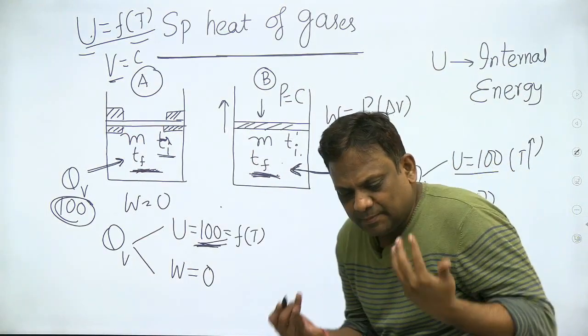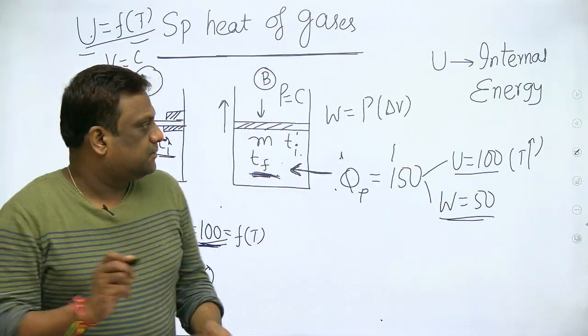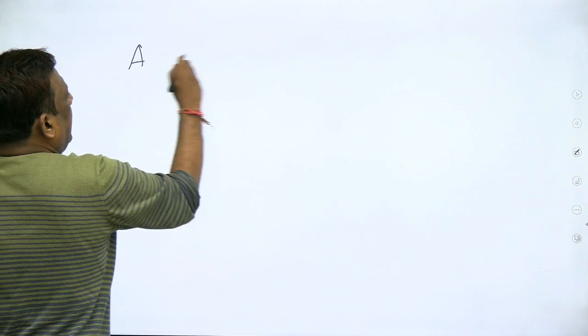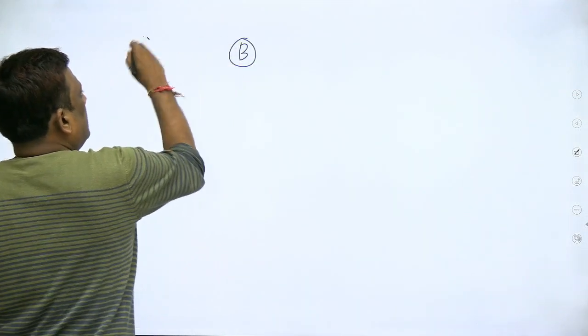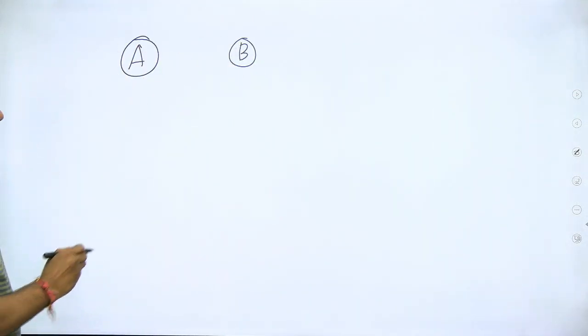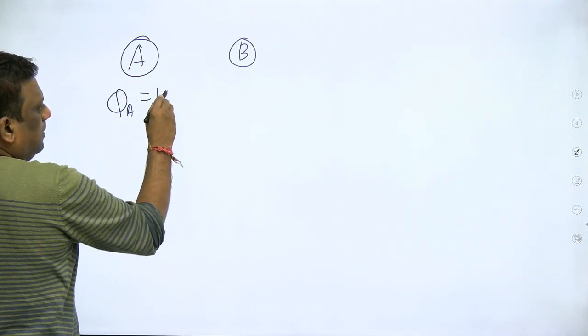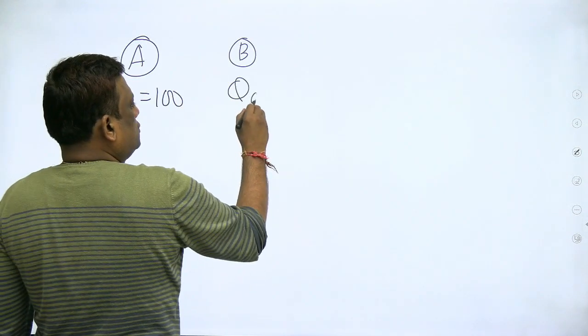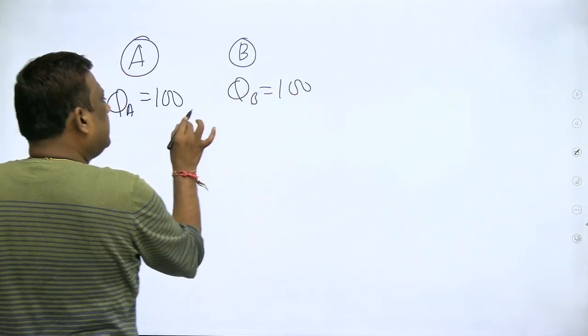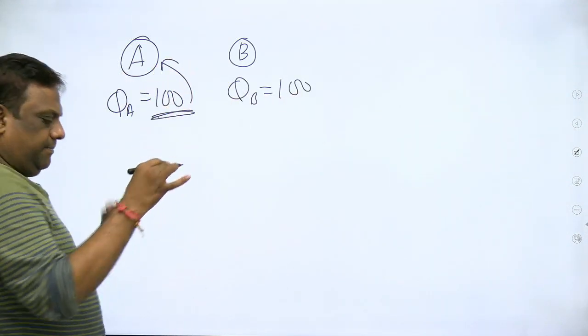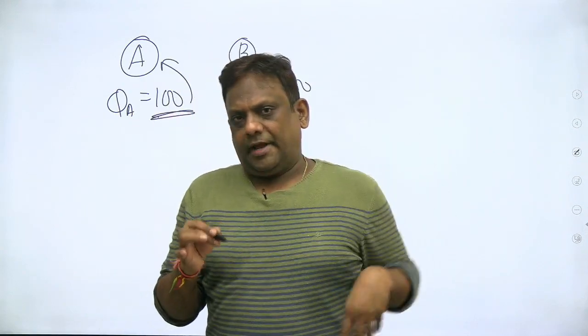It's something like this, my dear students. Listen, I have two students A and B. I gave 100 rupees to A. I gave 100 rupees to B. What A is doing is completely keeping it in his pocket.